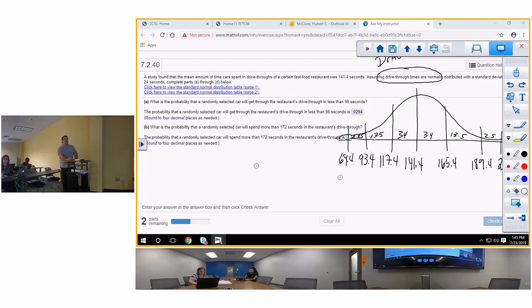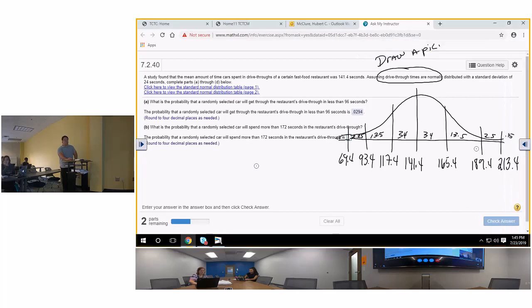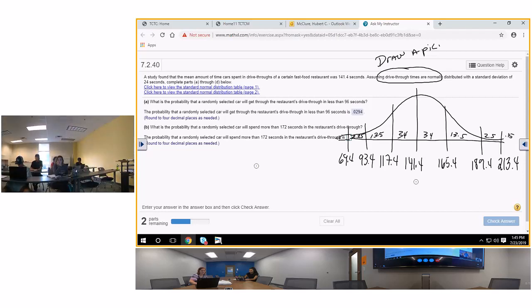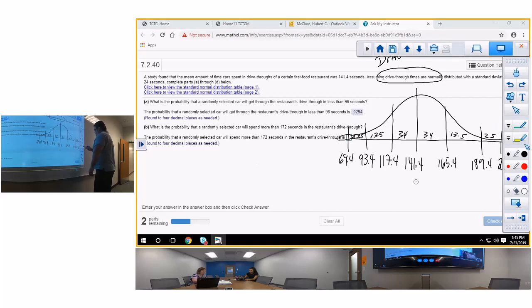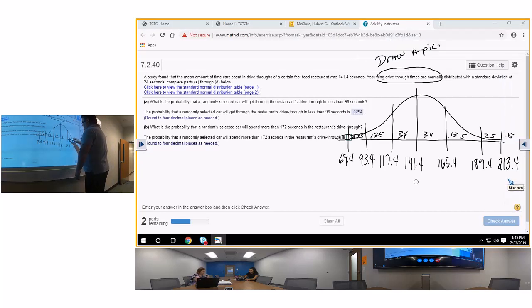Okay, so where is 172? 172 is going to be up here. So we know there's 24 little marks between here. 1, 2, 3, up to 22. That's good enough.